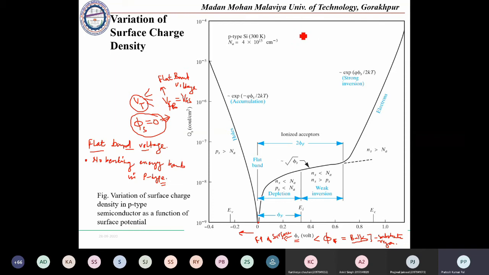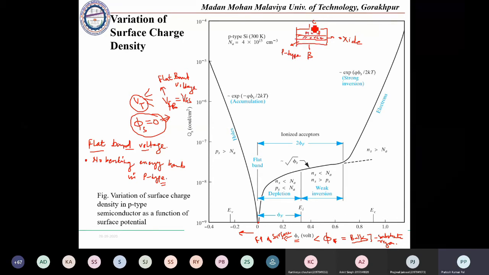in the MOS system we have considered, suppose this is the oxide, this is the gate terminal, this is the body, and this is the p-type semiconductor, with the metal gate.